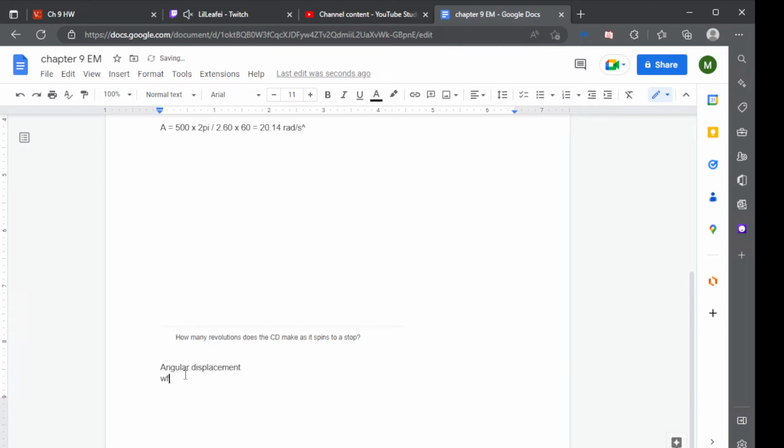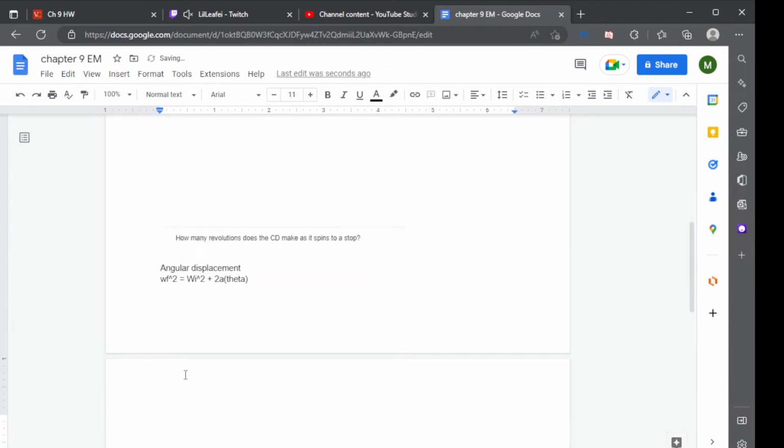This will be W final squared equals W initial squared plus 2A times theta. W final will equal 0, considering that we have no final. We're looking for how many revolutions the CD makes as it stops, so we set it as 0.